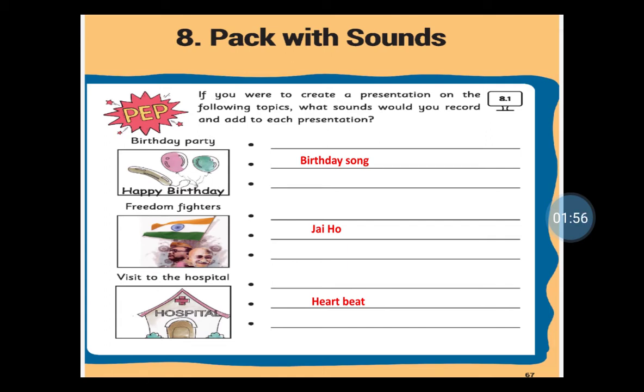They have given some blank space in front of each image. You have to write the name of the song, which song you want to record and which sound you want to add for this particular presentation.